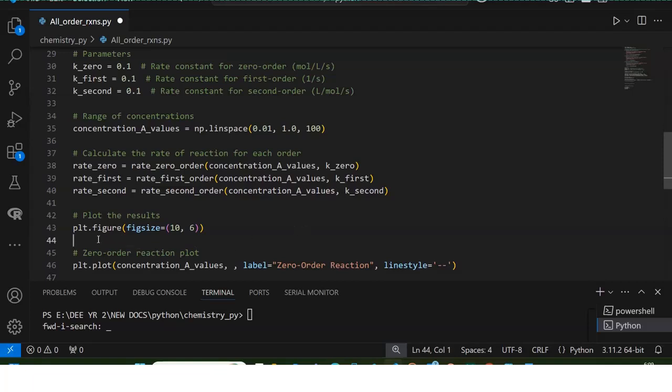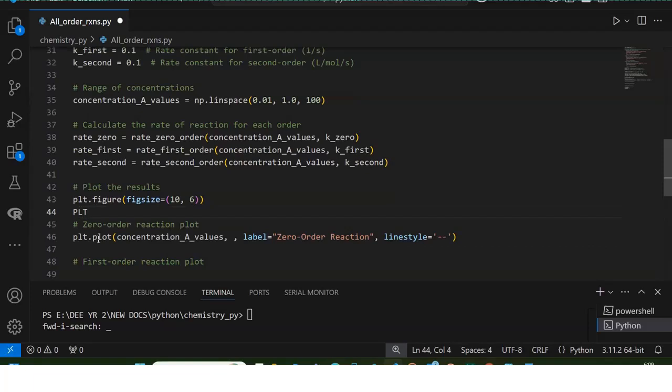So we are going to use plt.xlabel to label the x-axis as the concentration of A, and this should also indicate units in moles per liter.